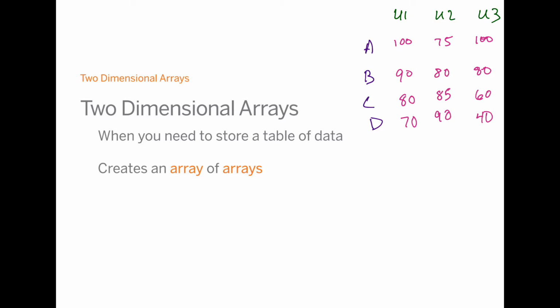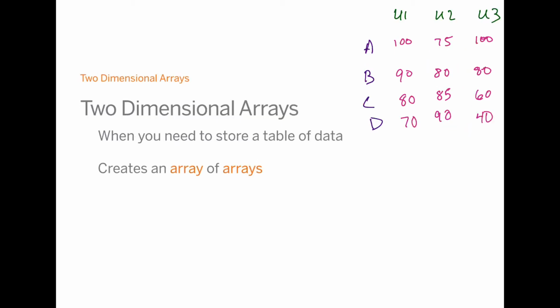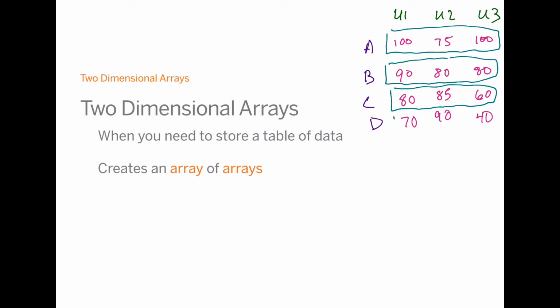So 2D arrays are going to be nice when we want to store a table of information. And actually, all this is an array of arrays. In the last problem, we had this array of 4 numbers. Here we have an array of 3 numbers, then a separate array of 3 numbers, and then another separate array, and a 4th separate array.